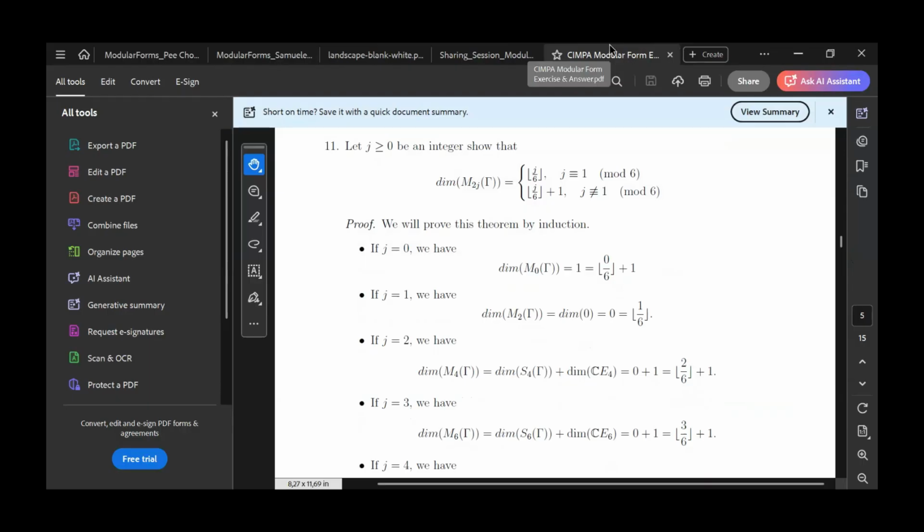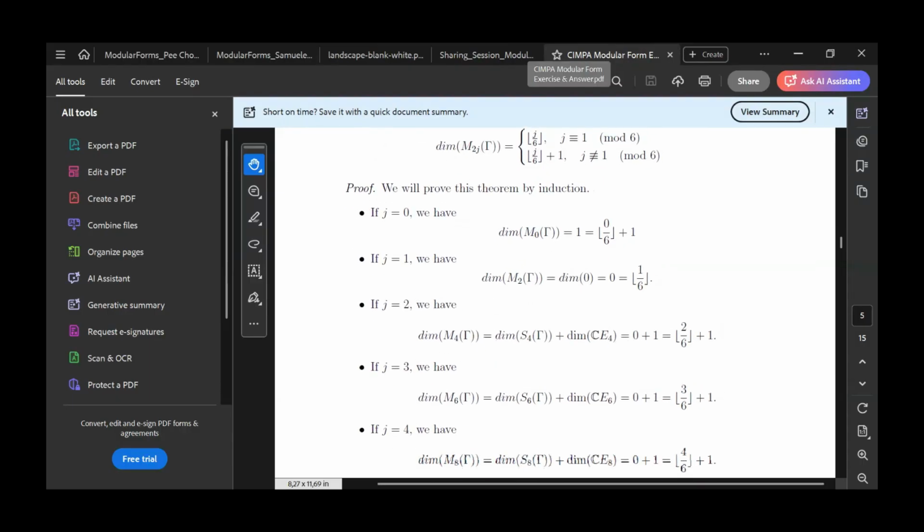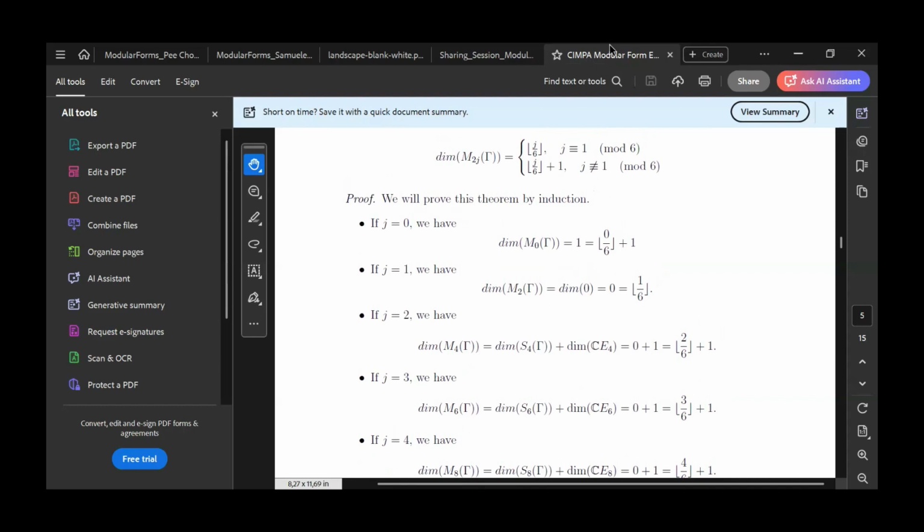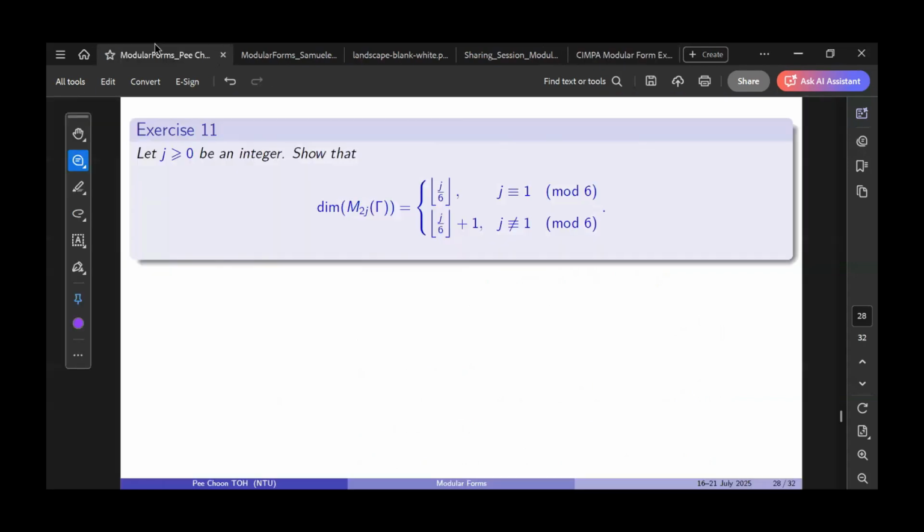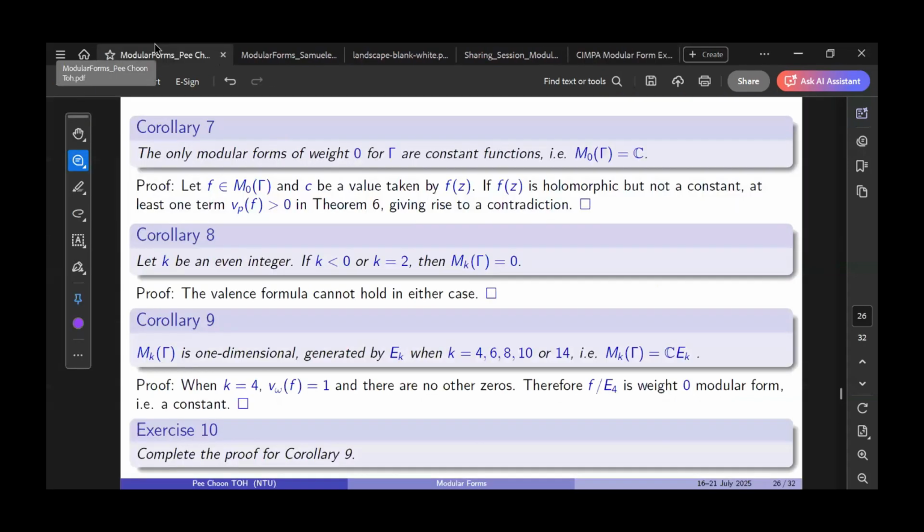As we have known before, for k equal to 0, it is only constant.